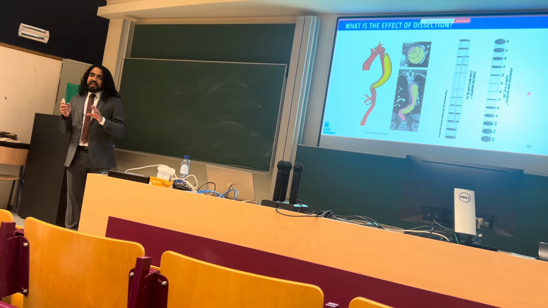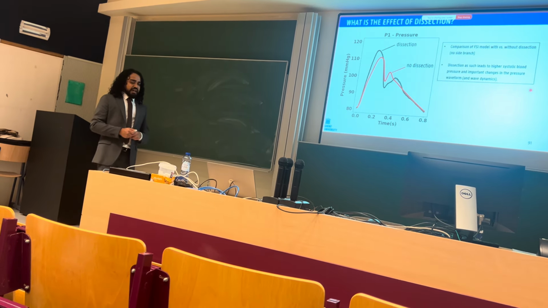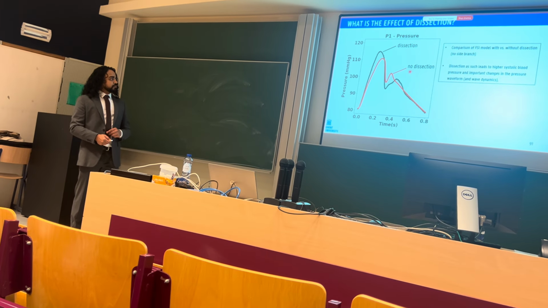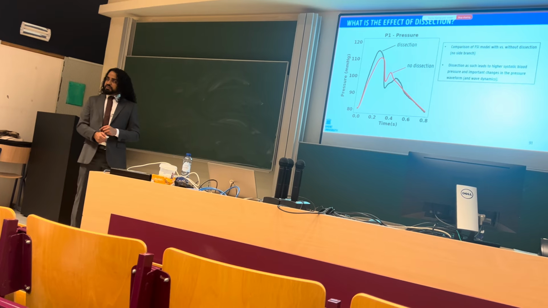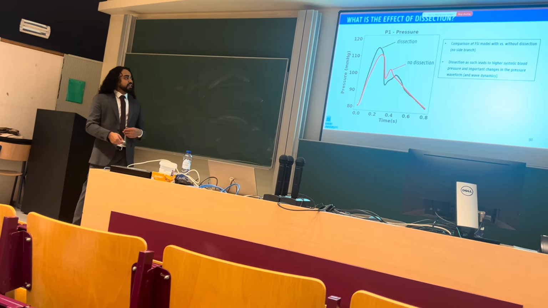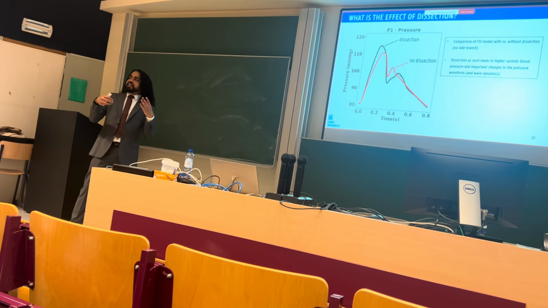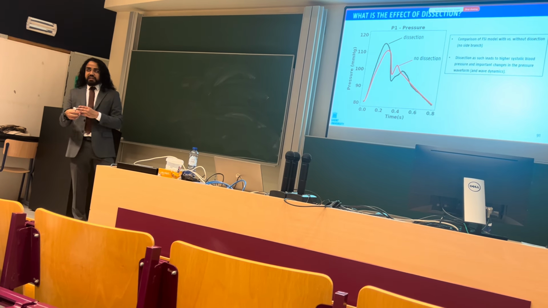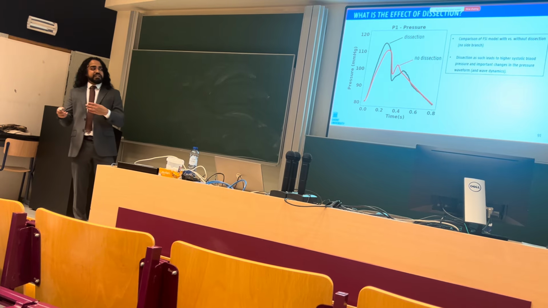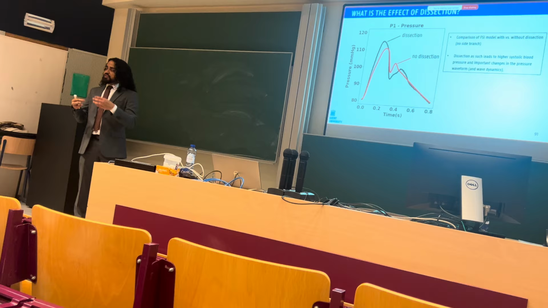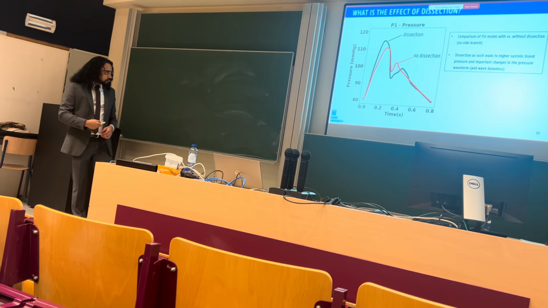This will probably give us an idea as to why we have an increased pressure, because the case with no dissection tends to have a much lower pressure than a case with a dissection. So overall, there is an increase in pressure when there is a dissection compared to when there is no dissection. So the dissection in itself probably plays a role in this case, because we're using exactly the same conditions. The only thing that changes is the presence of a dissection.